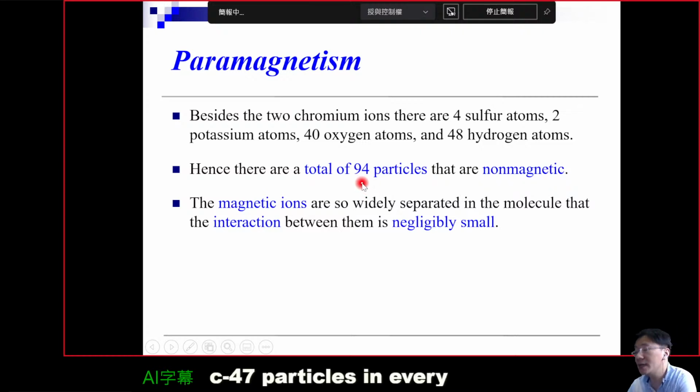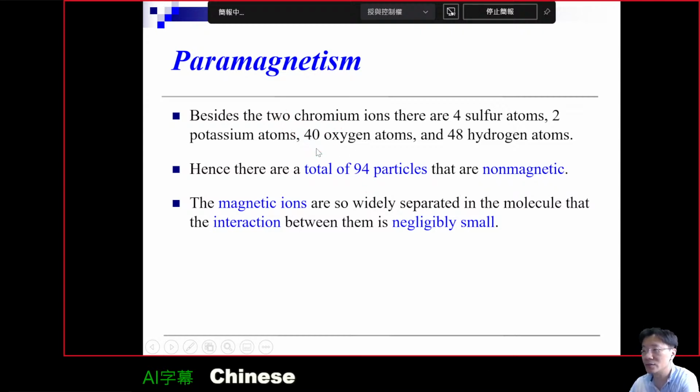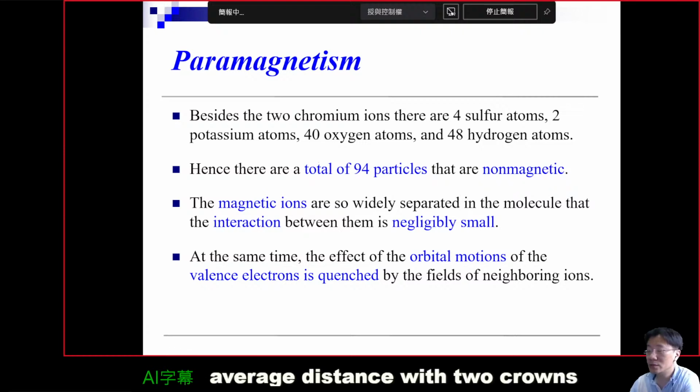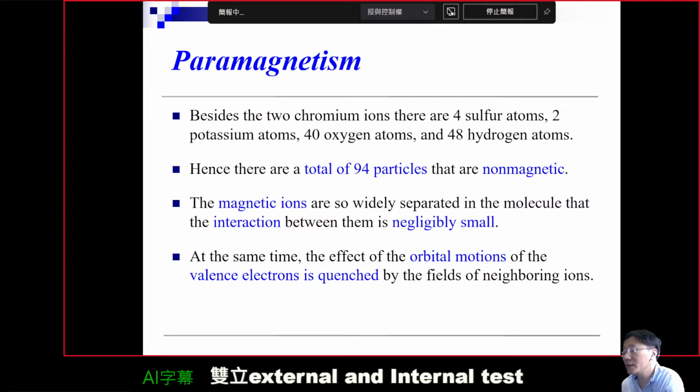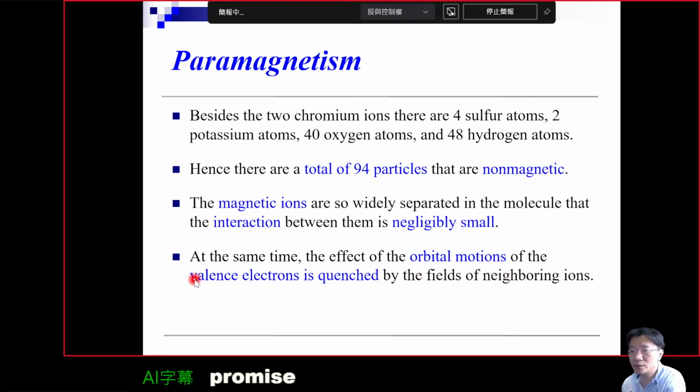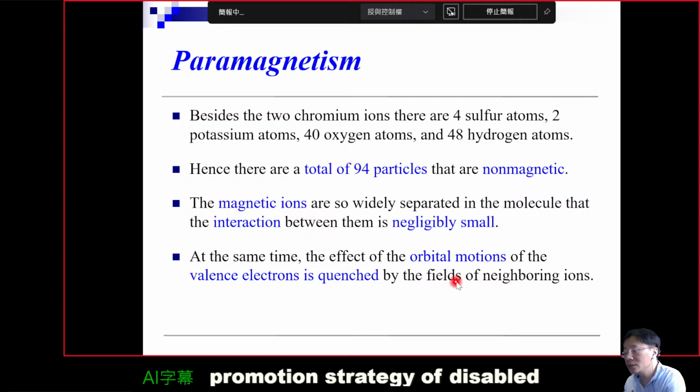That would be a very large distance, so we can ignore the interaction between these chromium ions. They will only react to the magnetic field from the external source, and not to an internal interaction between the chromium ions. Furthermore, we also know the orbital motion of the valence electron is quenched by the field of the neighboring ions, so we only need to count the spin angular momentum.